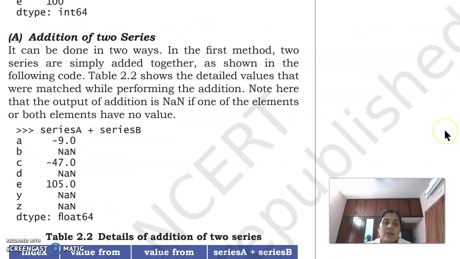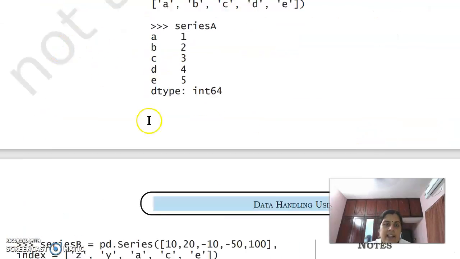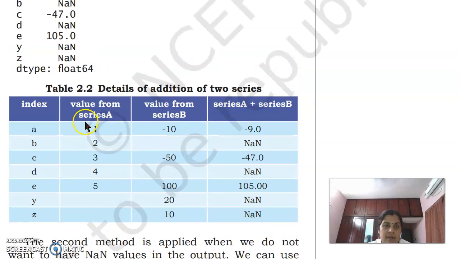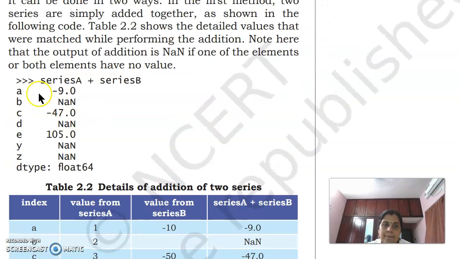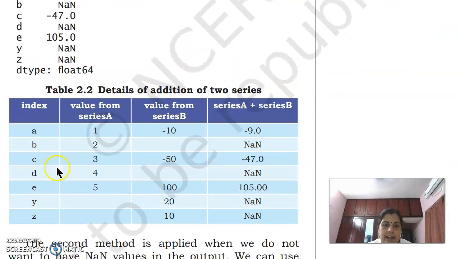So while we are doing addition, what happened? Already told that same position elements are added. In series A we have A, B, C, D, E as 1, 2, 3, 4, 5. In series B, index A has the value minus 10. Index B has no value, so it is taken as NaN, not a number.